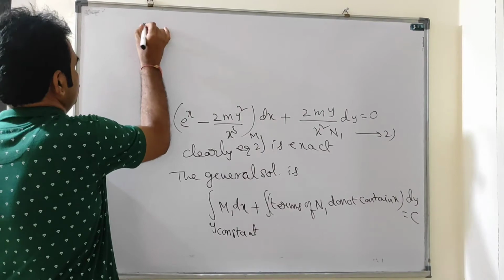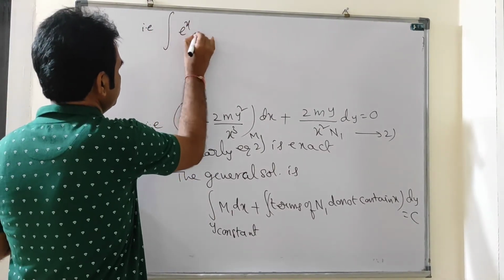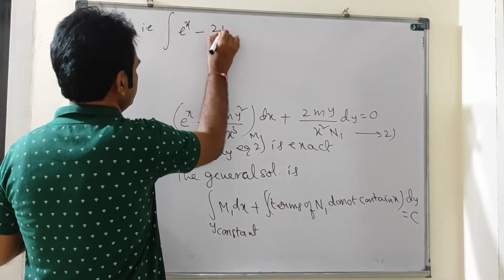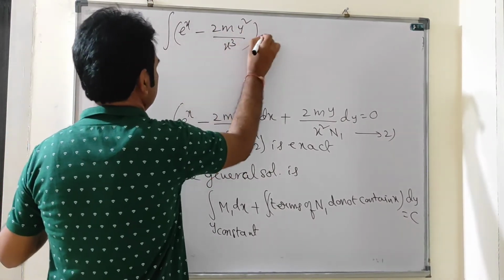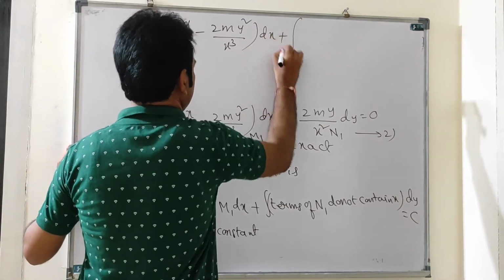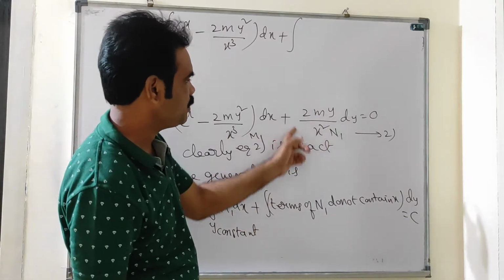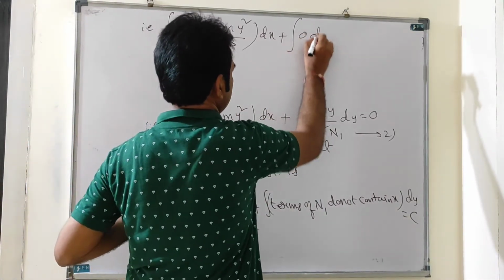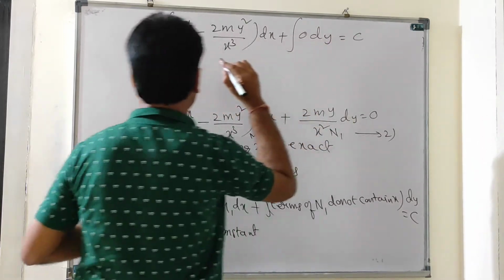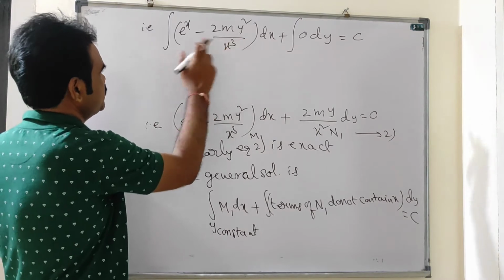That is, integral of (e power x minus 2m y square by x cube) dx plus integral of the terms of N1 which do not contain x. N1 is 2m y by x square, which contains x, so there are no such terms. Integral 0 dy is equal to c. Now treating y constant, integrate with respect to x.